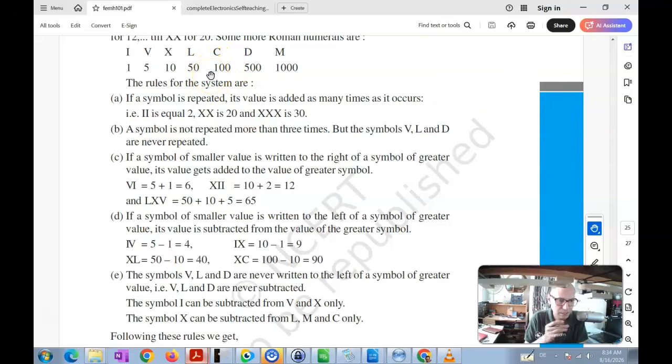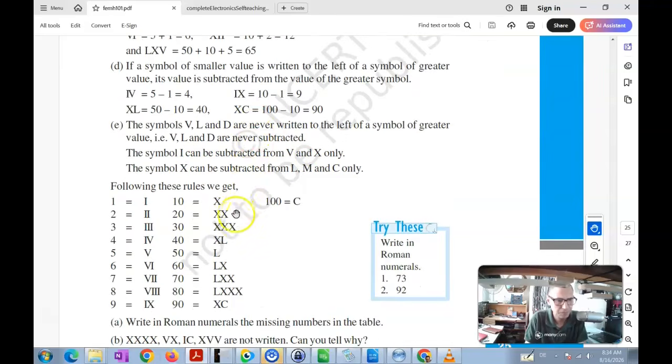Other than that, you cannot use it to subtract the 10 from any other digits, except for L, M, and C. You can use it with these three symbols.